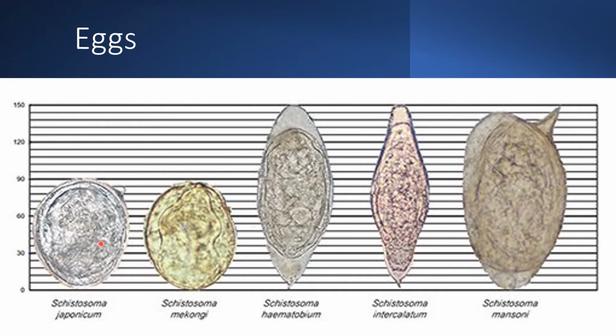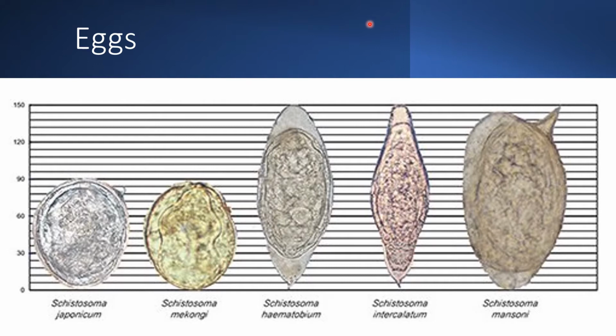It is oval and has a minute lateral spine, a knob-like structure. This lateral spine is otherwise known as the spicule. Take note, it is acid-fast negative under modified Ziehl-Neelsen.